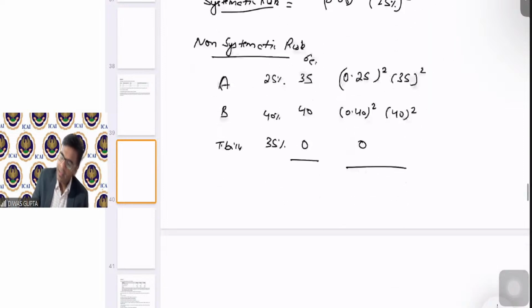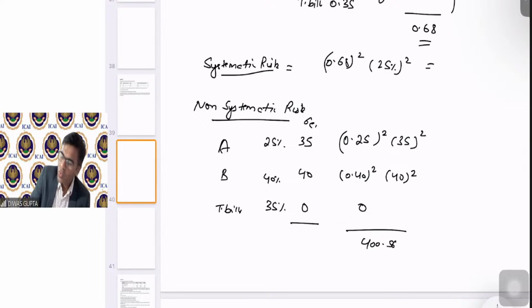And let's take a summation here. So this comes as 400.56, and this comes as 289.